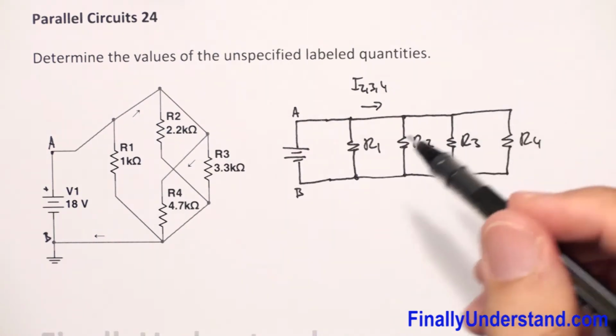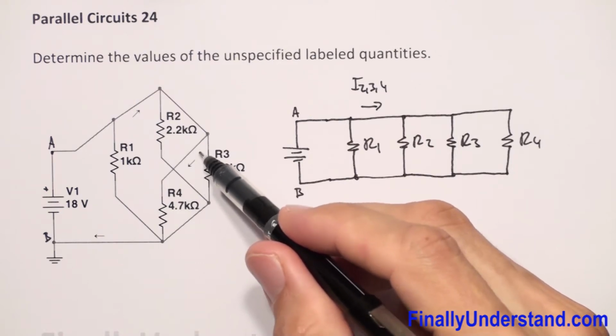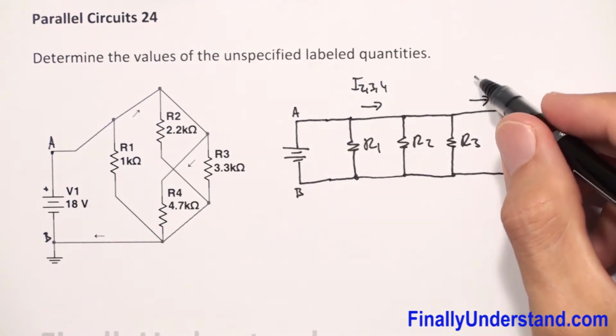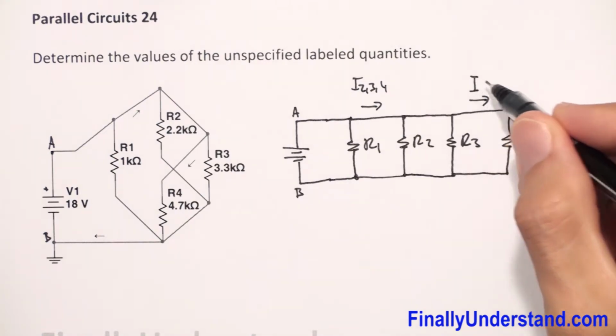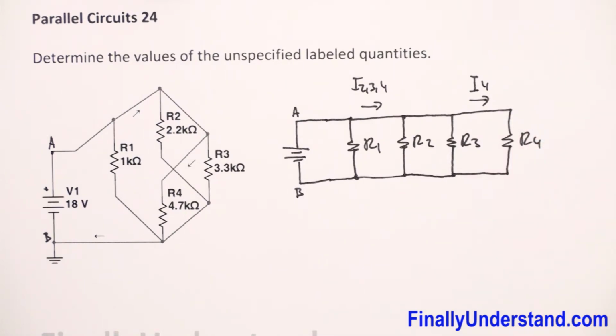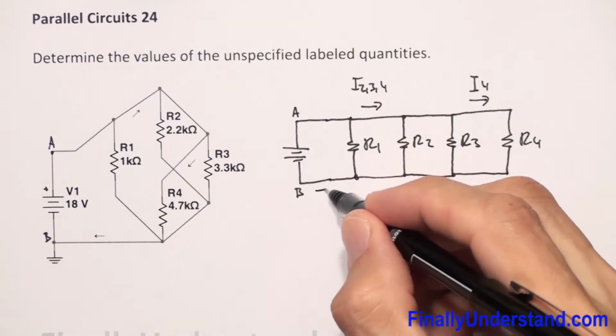Next, I'm supposed to find the current which will go through resistor R4. So I have to find I4.